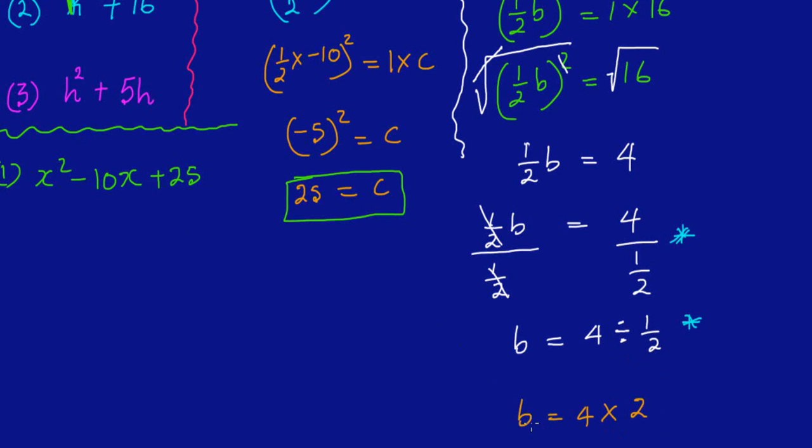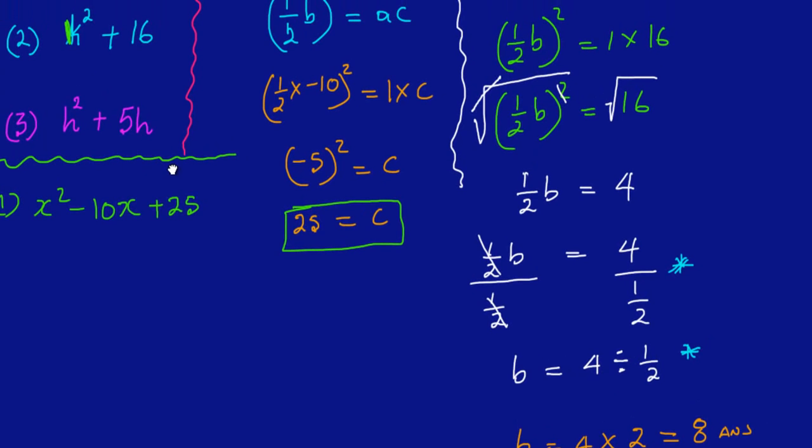So b is equal to 8, and that's my answer. The missing term that I was looking for here in part 2 is 8.